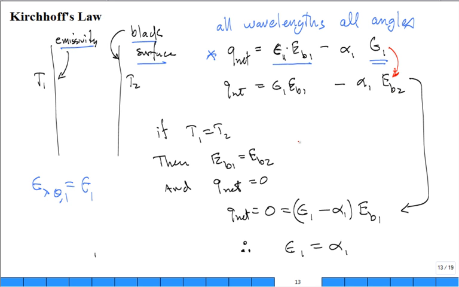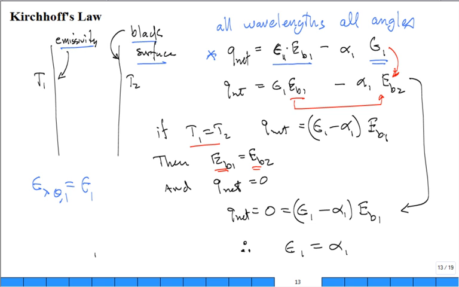All right, so now if T1 is equal to T2, isn't EB1 equal to EB2? So now these two are the same if T1 is equal to T2. We can combine Q net. So Q net is equal to the emissivity 1 minus absorptivity 1 times EB1 or 2.